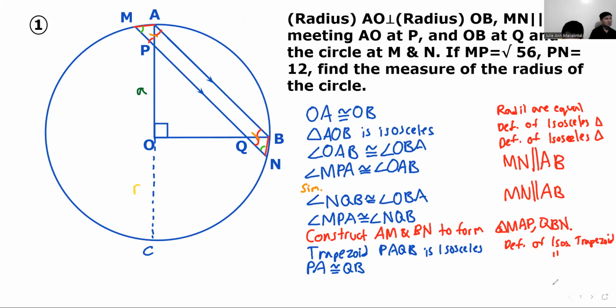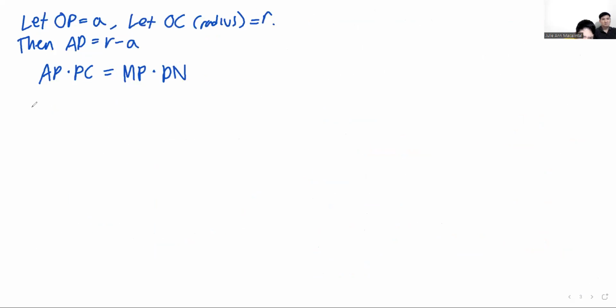PC is a plus R, or R plus a, and AP is R minus a.